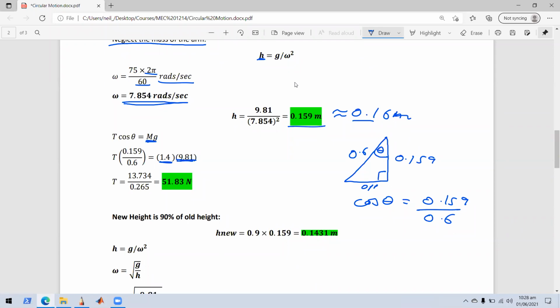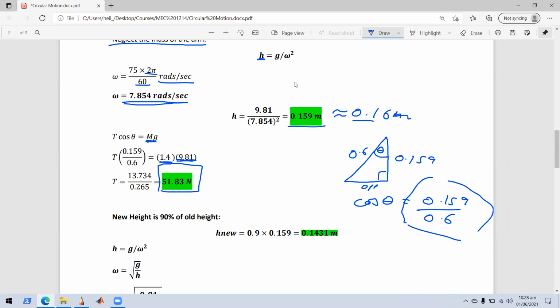After we put this in, plug it into the calculator, break it down, multiply these two. 1.4 times 9.81 should give us 13.734. 0.159 divided by 0.6 should give us 0.265. Simplifying that should give us T is equal to 51.83 newtons.